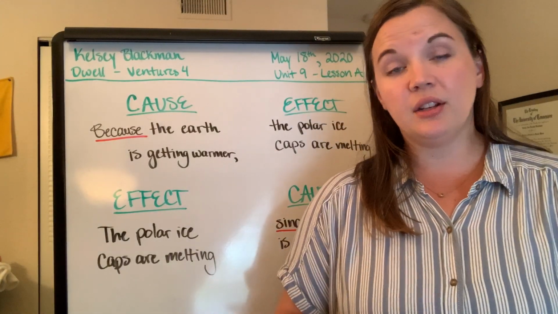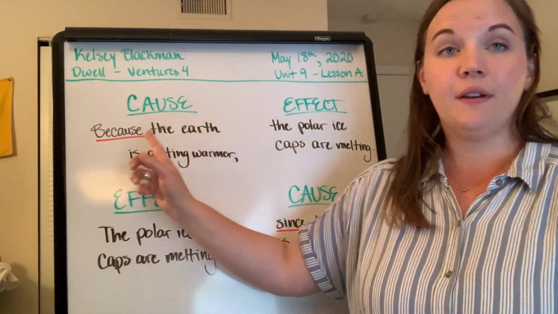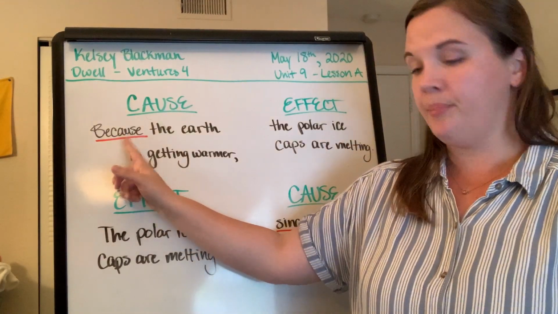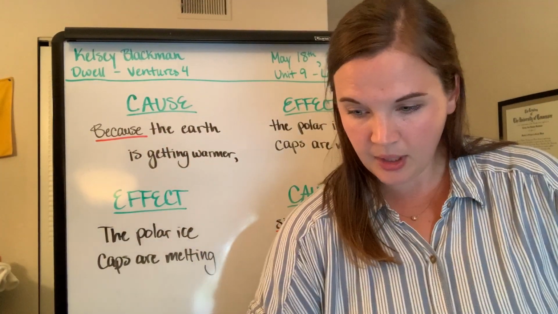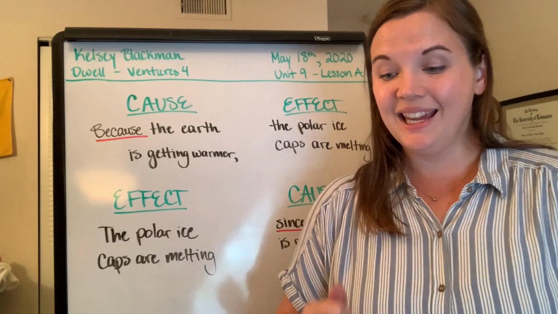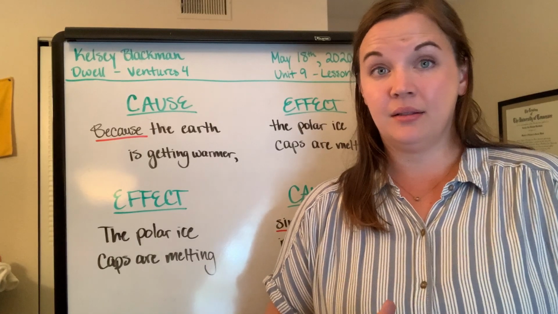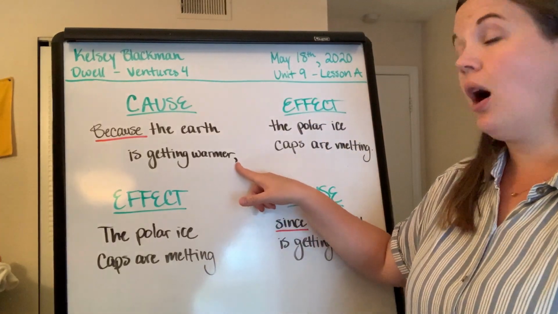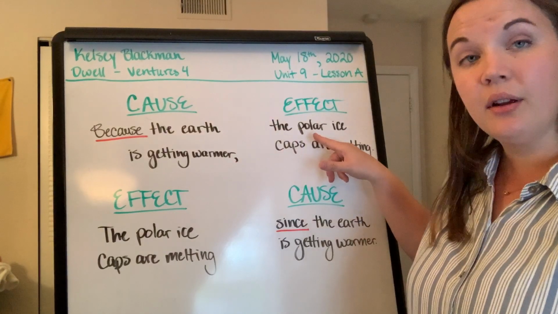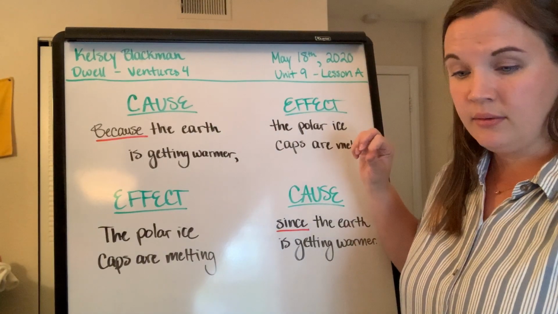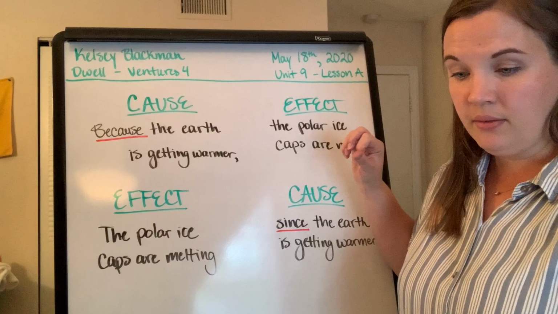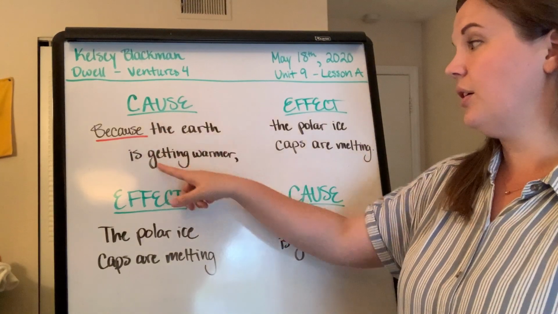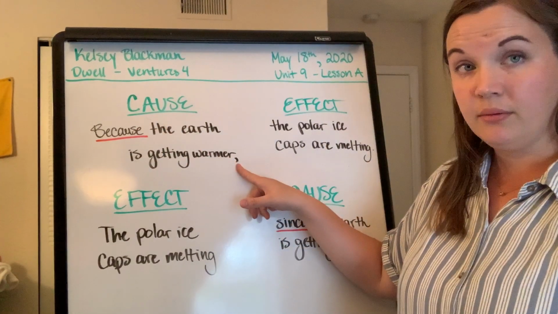Now, one important thing to note, if the connector begins the sentence, then you have to have a comma before the next clause. Okay? So because the Earth is getting warmer, comma.